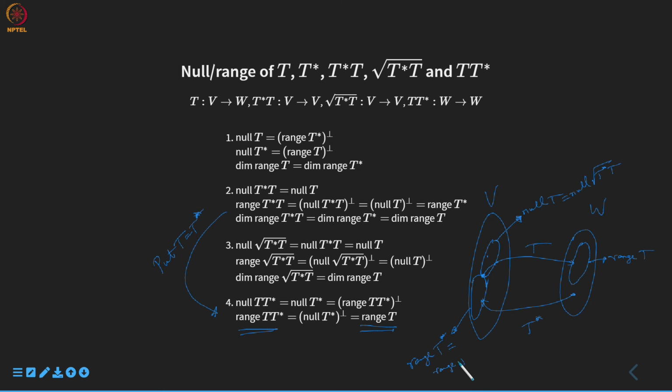Range of t star is the same as range of t star t is the same as range of square root of t star t. All of these have the same range. You can also write similar expressions for range of t and range of t star. So they all have the same range, they all have the same null. So this is also equal to null of t star t.